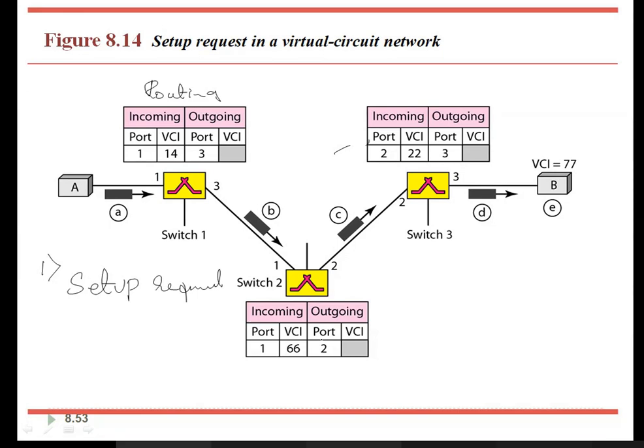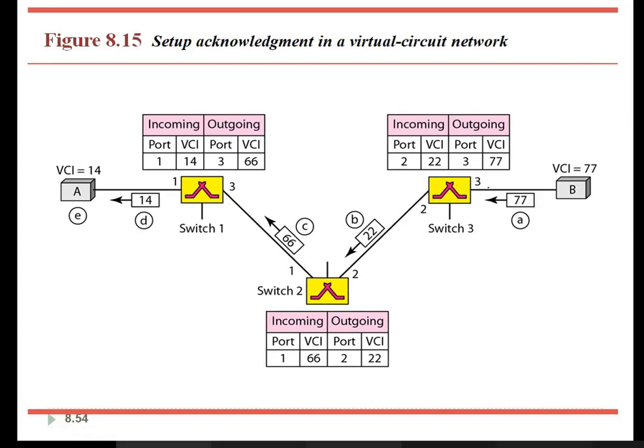Once it has reached node B, if node B is ready to accept the connection, it has to send the acknowledgement. Let's go to the next diagram that shows how the routing table is updated based on the acknowledgement. Now node B is going to respond with an acknowledgement.